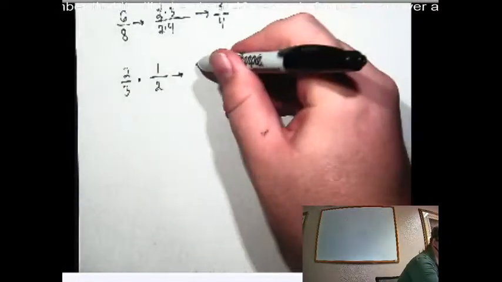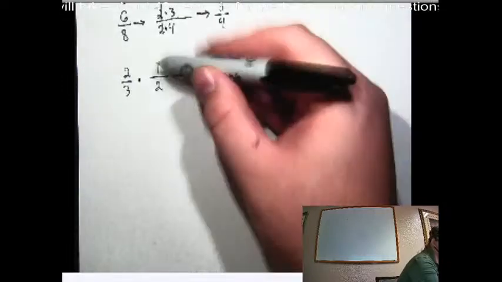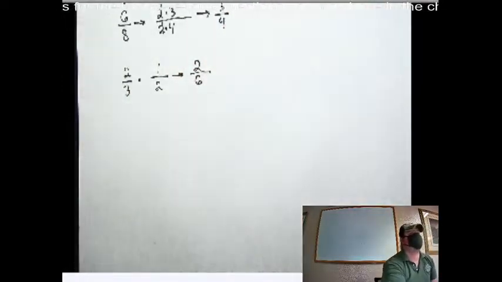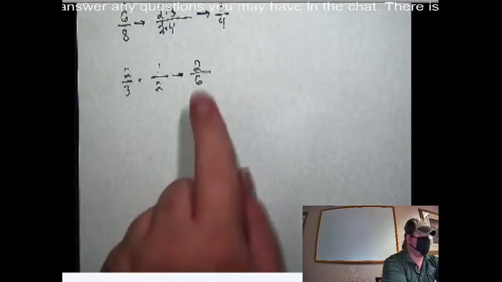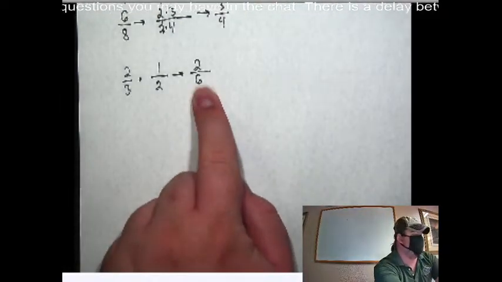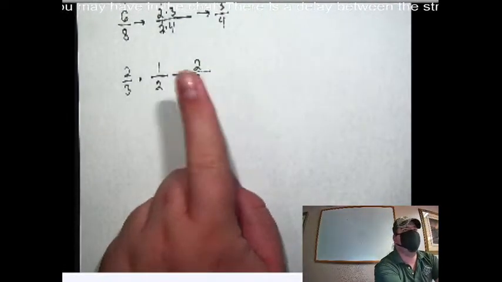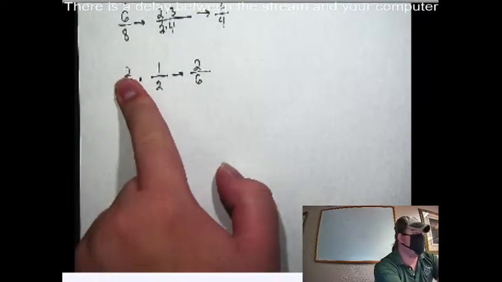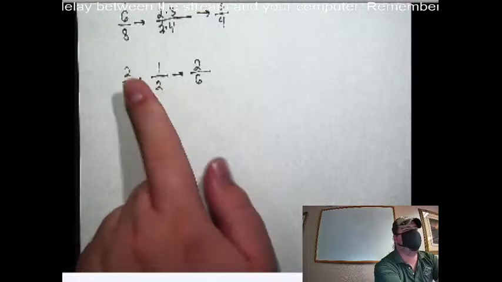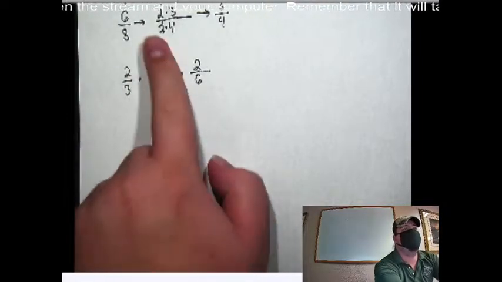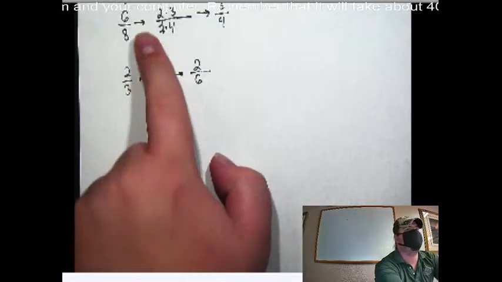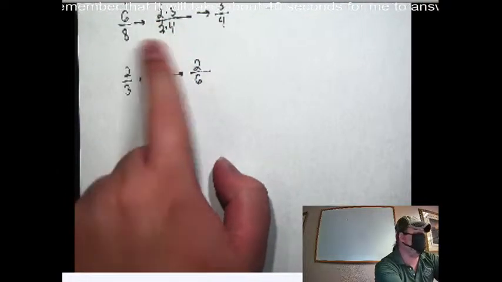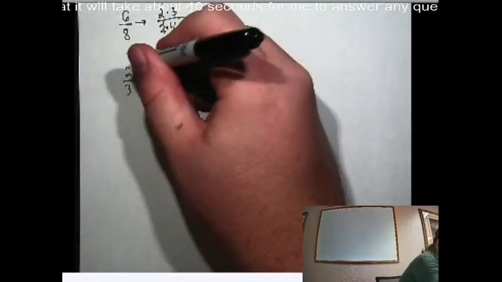So 2 times 1 is 2, and 3 times 2 is 6. Now this can be reduced, right? Both of them have a common factor of 2, which we can actually see back here. This 2 and this 2, we have a 2 on the top and a 2 on the bottom. This is actually the same as having the 2 on top and the 2 on bottom like we had up here. We can cross-reduce this.